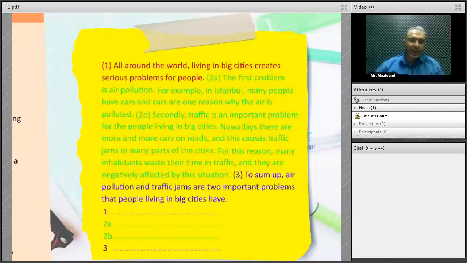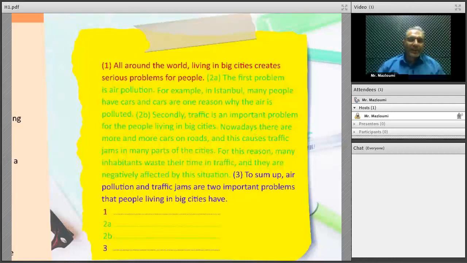So again, number one is the topic sentence. The sentences in green are our supporting ideas, and finally there is a concluding idea. So everyone, this paragraph here is unified, or it has unity. Why?